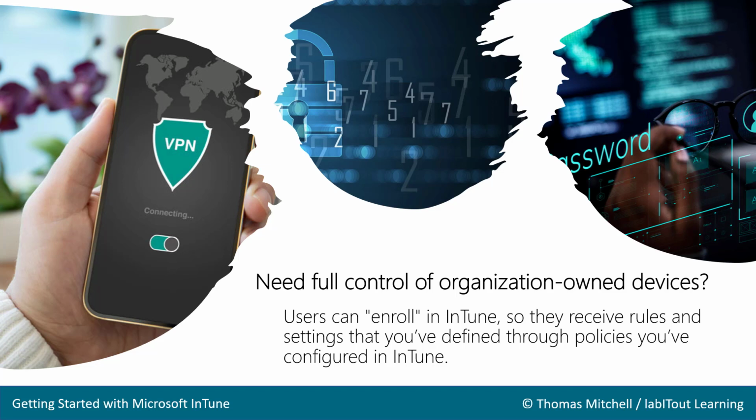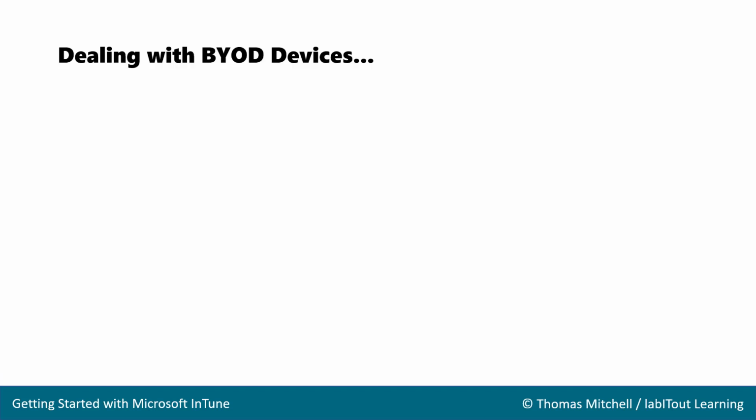For example, many organizations will set password and PIN requirements, they'll create VPN connections, or they'll configure protection. Now, for personal devices, or BYOD, the owners of those devices usually don't want their employer having full control of them. In these cases, you can give users options.